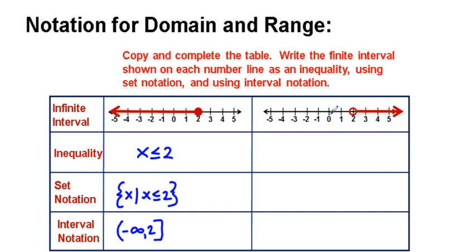Now this one on the right, we have x is greater than 2. For set notation, x such that x is greater than 2. And the last one, interval notation, we have x is greater than 2.